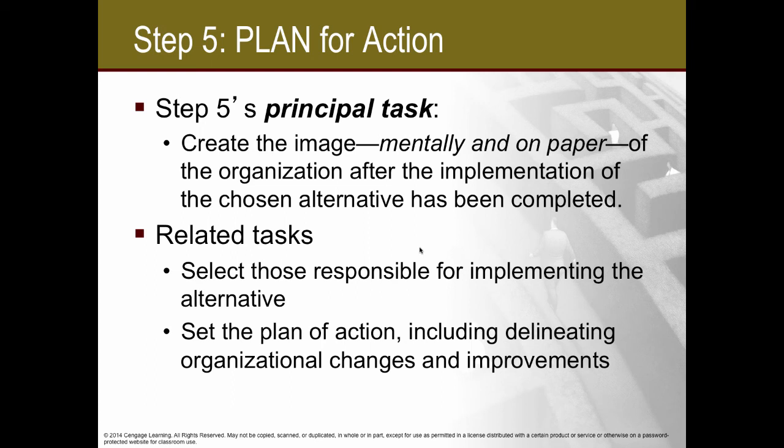And also select those responsible for implementing the alternatives. Who are the people responsible for implementing them? Set the plan of action with those people responsible, including the needed organization changes and improvements.